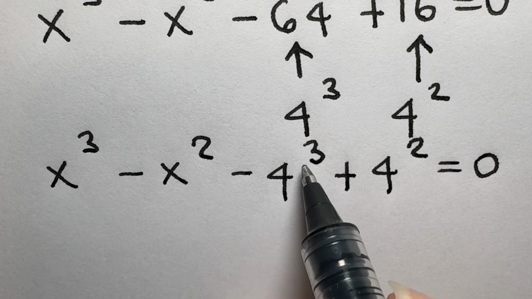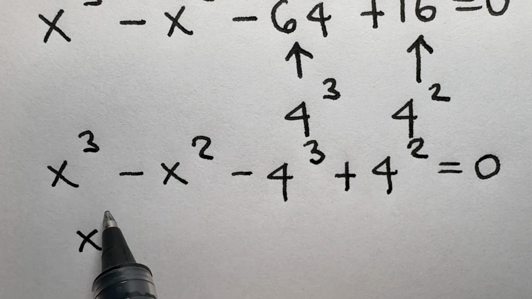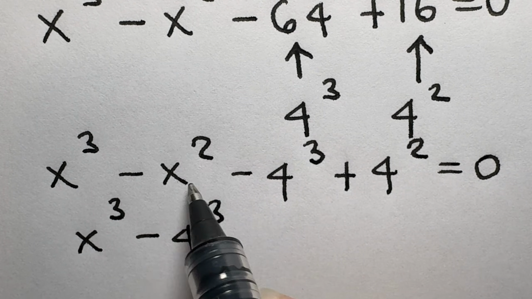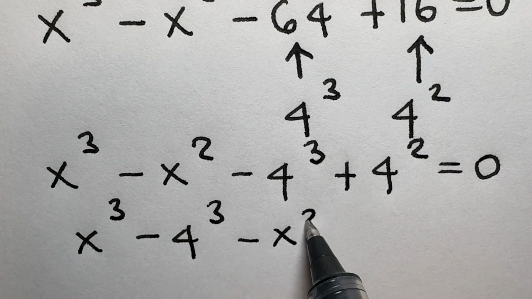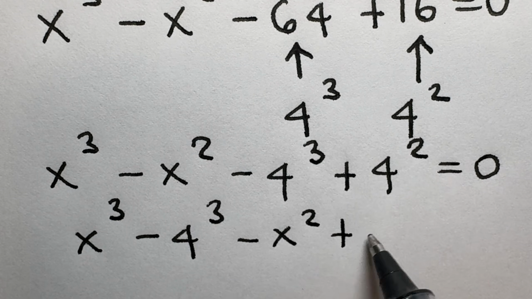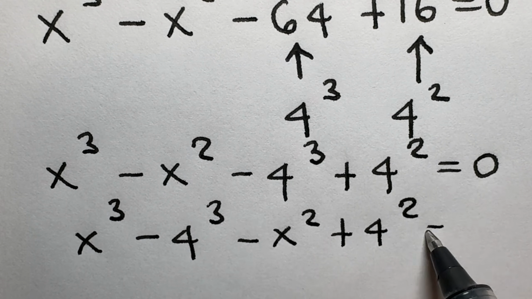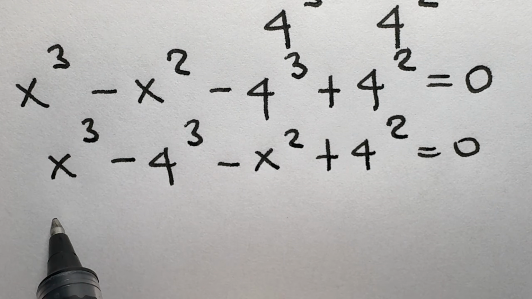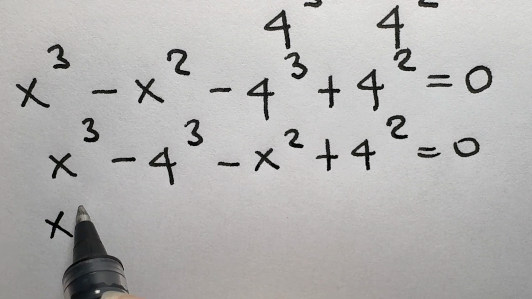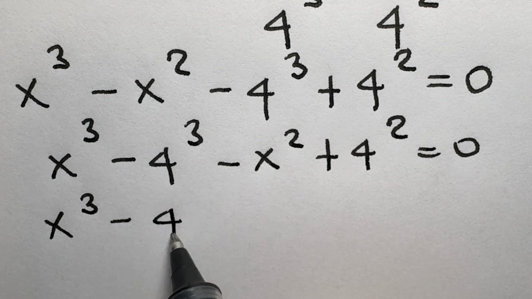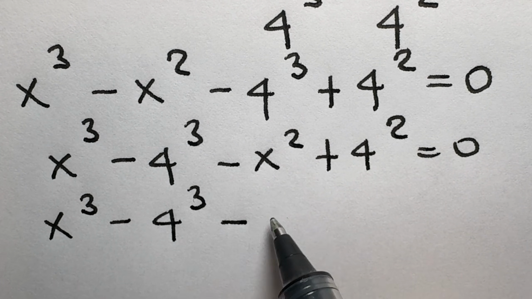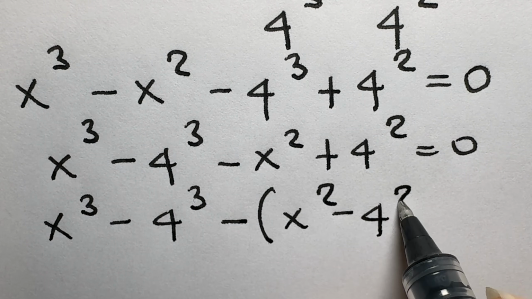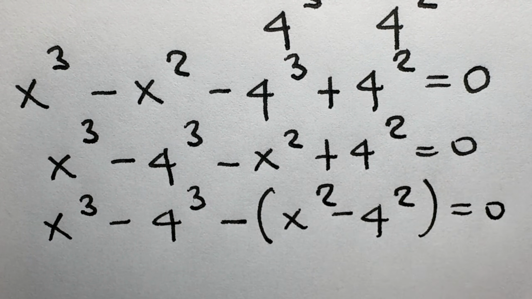Then I'll bring this closer to this. So we have x raised to power 3 minus 4 raised to power 3, then minus x raised to power 2 plus 4 raised to power 2 is equal to 0. We can also write this as x raised to power 3 minus 4 raised to power 3 minus x squared minus 4 squared is equal to 0.